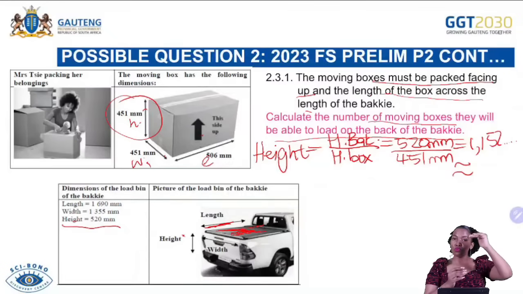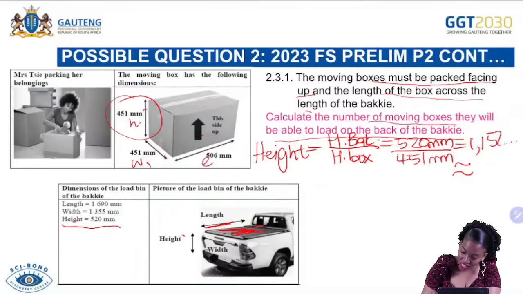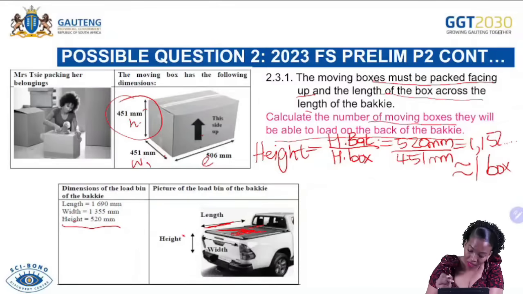So the best thing to do here is to round down, because at the end of the day, you must be able to close the bakkie. To close the bakkie is to protect the boxes. Imagine if it rains, what will happen to those boxes? So the best option here is to round down. So how many boxes will fit in across the height? Just one box.